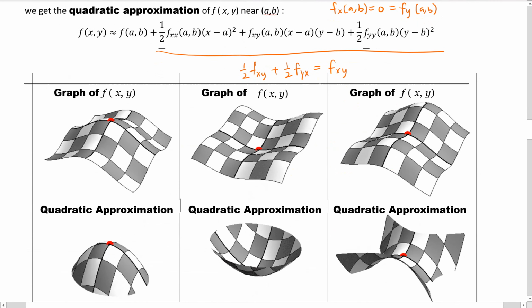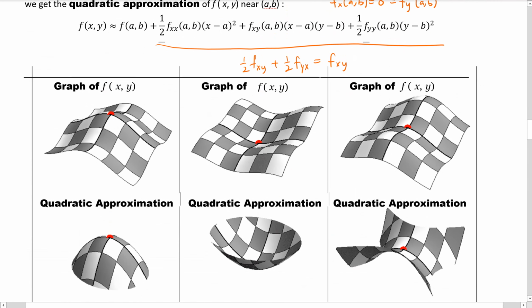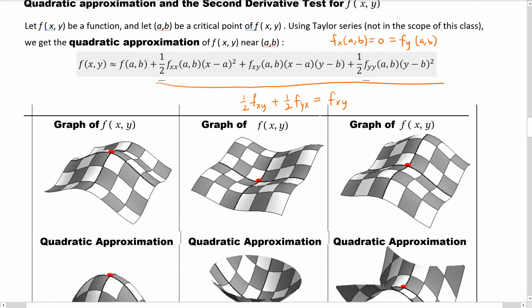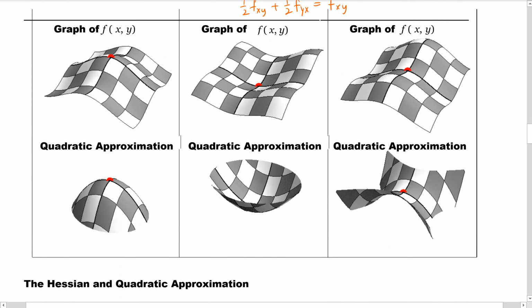Okay, now let's look at the graph. This quadratic approximation is actually a quadratic function, right? We can draw a quadratic function in space. So we can see this is a graph. If we use a quadratic approximation, this is a paraboloid, right?